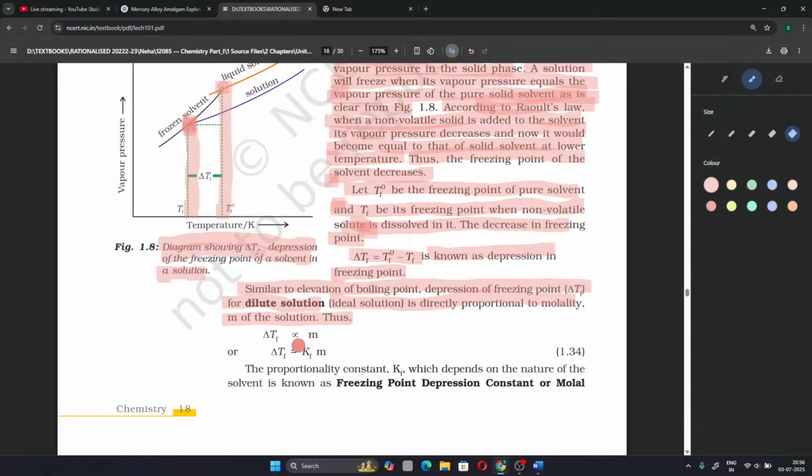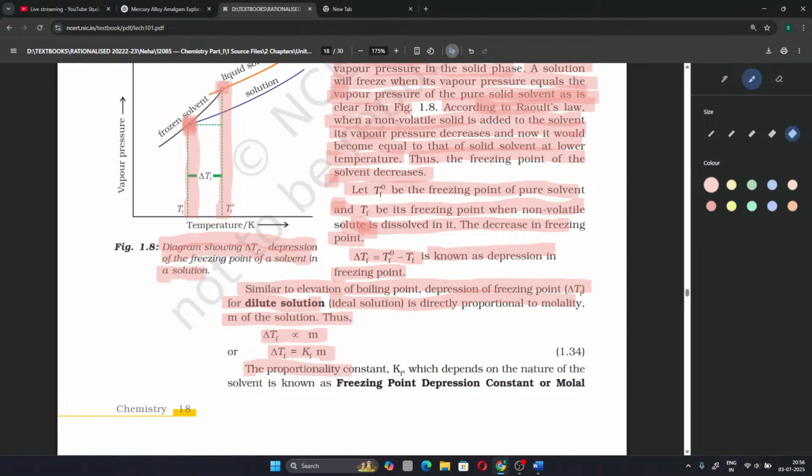molality. I'm not sure why they say it is. I think they said it is experimentally found that only in dilute solutions this change is proportional to molality. Delta Tf equals Kf times molality, where Kf is the molal depression constant or freezing point depression constant.